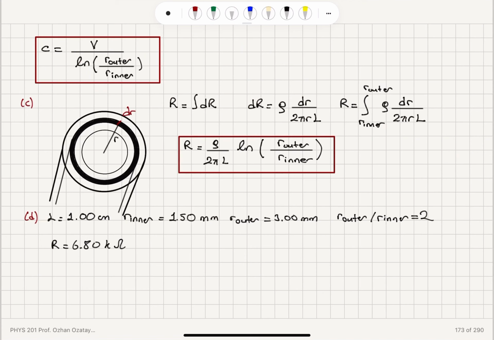L equals 1 centimeter, R inner 1.5 millimeter, R outer 3 millimeter. R outer to R inner ratio is 2. Resistance we're after is 6.8 kilo ohms.